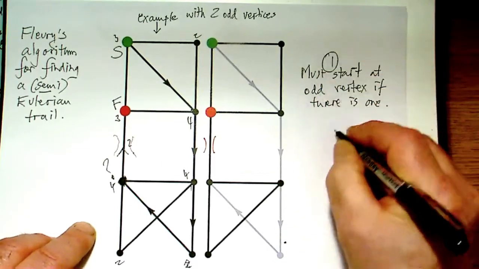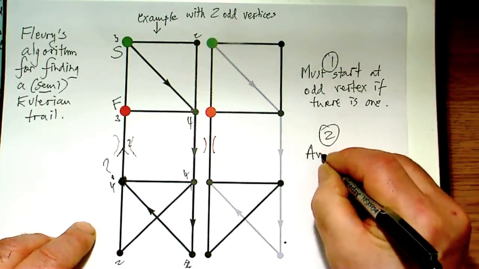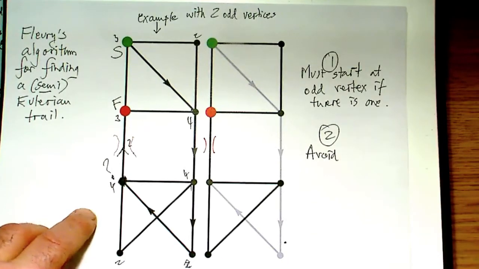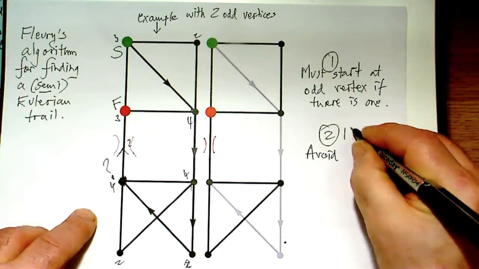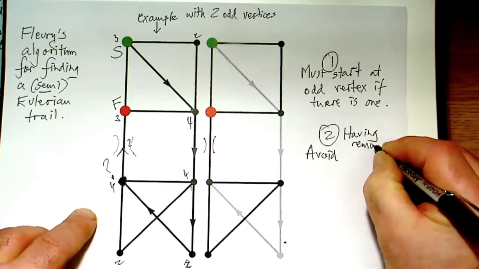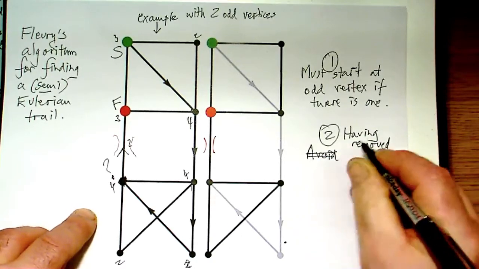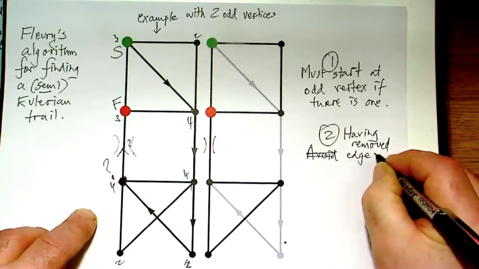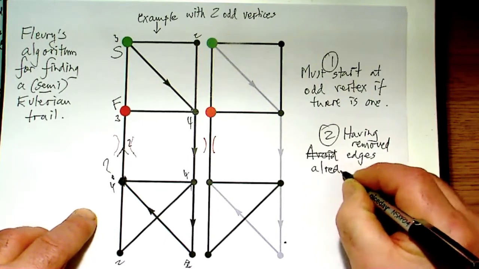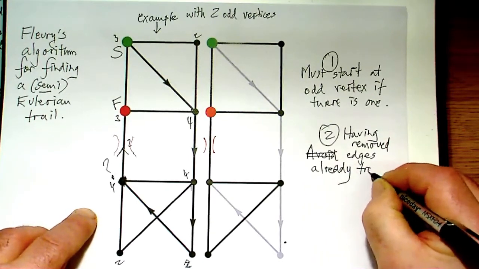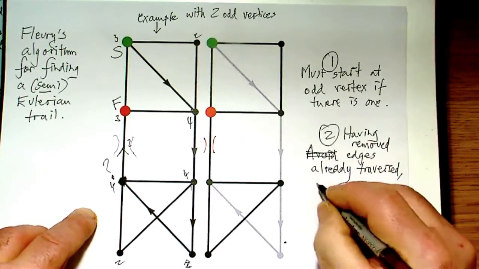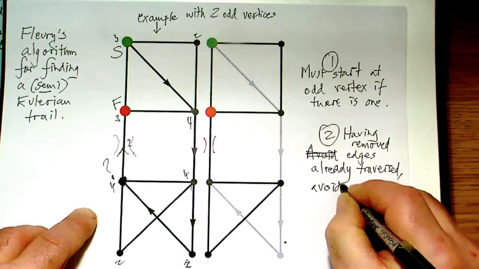The second principle is you avoid a bridge. Having removed, let's say, the edges already traversed, avoid any bridge where possible.